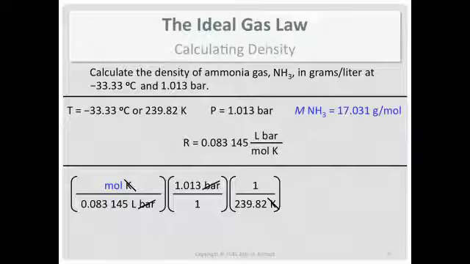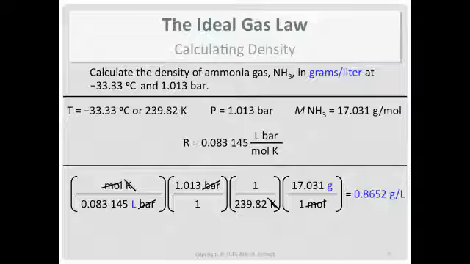Are we going to do grams over moles or moles over grams? Grams over moles to get our moles to cancel. Now if you look at the units that remain, grams per liter, well, that's good because we want grams per liter. Multiply and divide by everything. And here's our density.